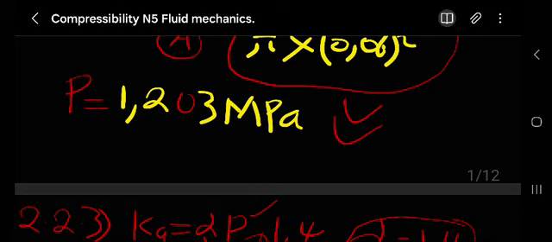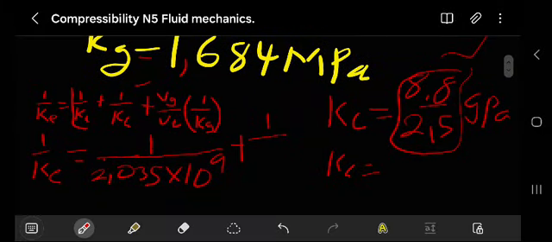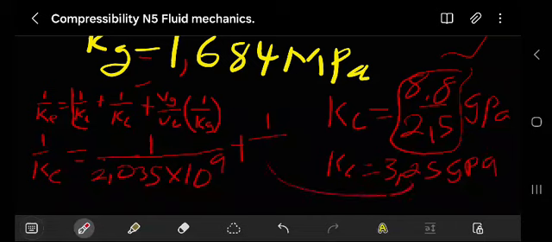This will be 3.25, but it must be in gigapascal. So we'll substitute this here because it's Kc.